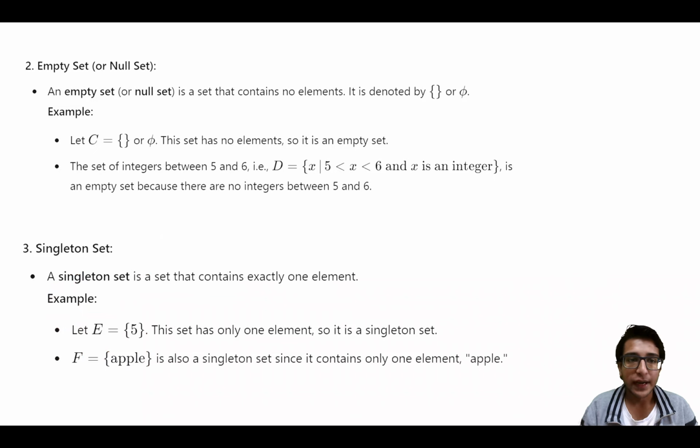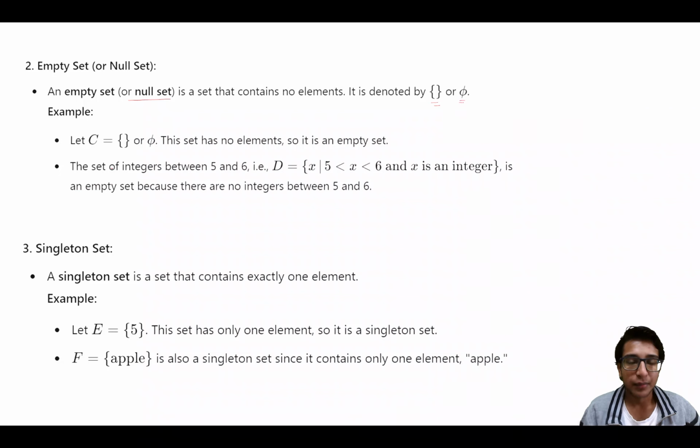Now talking about an empty set, as we discussed earlier, a set which has no elements in it is also known as a null set. An empty set is denoted by either curly brackets with no elements in them or simply by a phi sign.